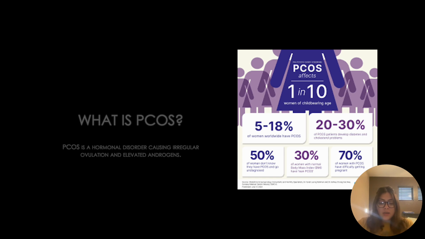According to the CDC, PCOS affects about 10 to 12% of women of reproductive age, making it one of the most common causes of infertility. Despite the name, PCOS isn't just about cysts. The cysts are actually immature follicles that never release an egg.